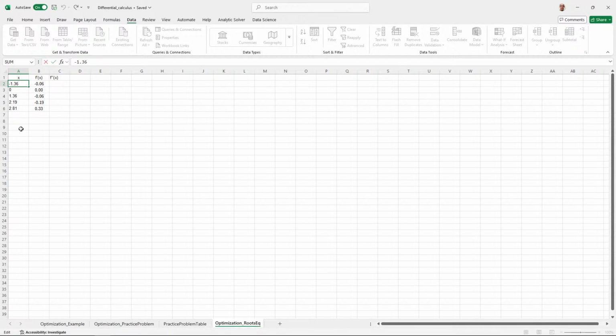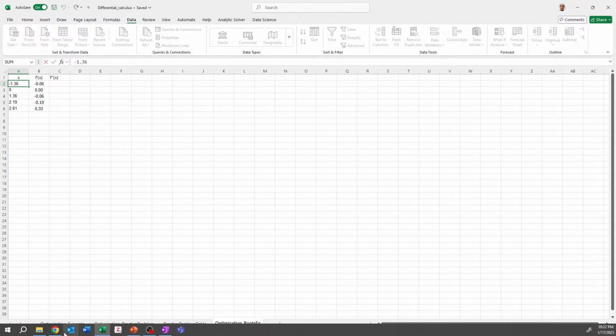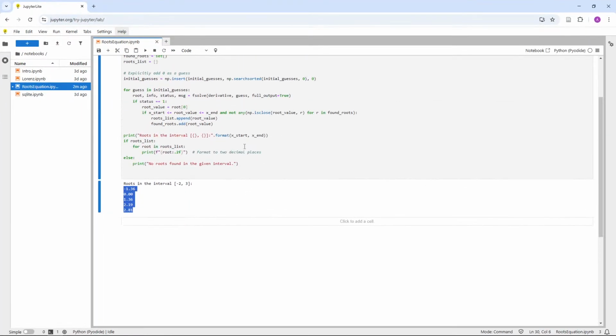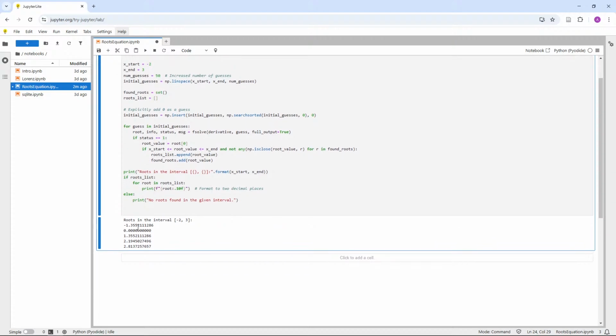I'm just showing 2 decimal points. So let me show more than 2 decimal points here. Let me just show 10 decimal points. That's better. So you see here, I'm showing this with more decimal points, and that of course will give me a more accurate answer.